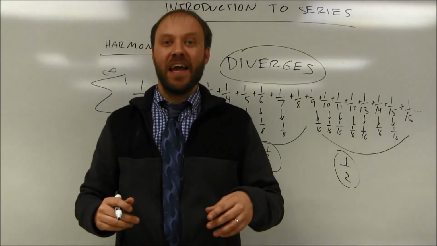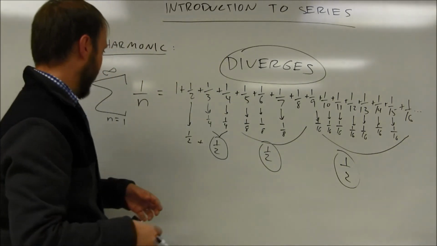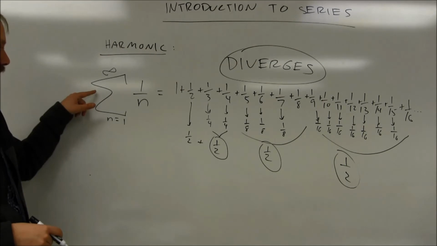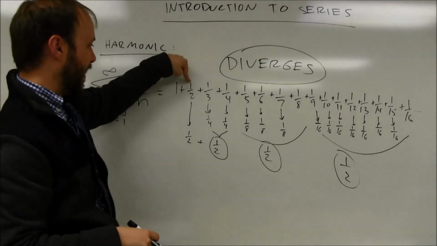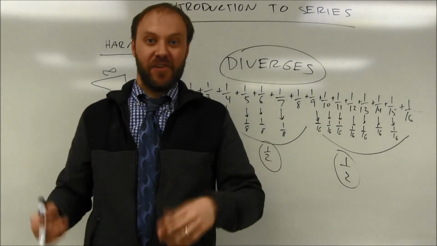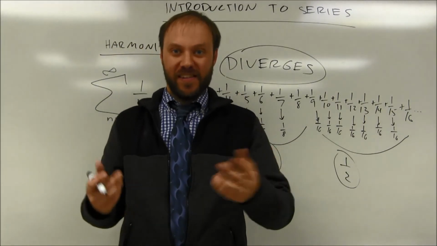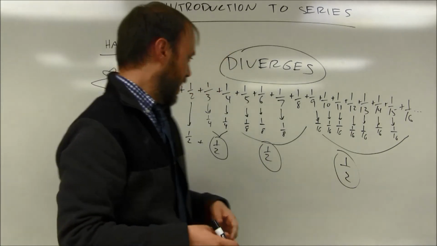And by the way, lots of variations of the harmonic also are divergent. So for example, if I multiply this by 5, if I had 5 plus 5 halves plus 5/3 plus 5/4, that's going to be a divergent series, okay? It's a series that has terms that are bigger than a series that already diverges, okay?